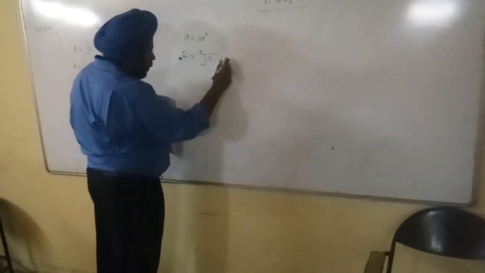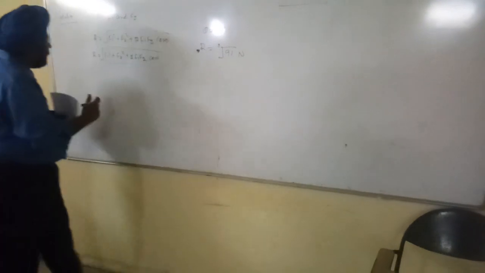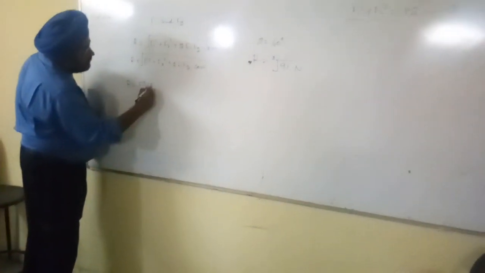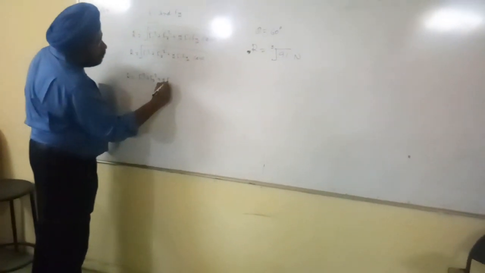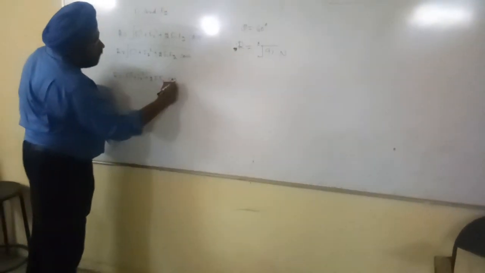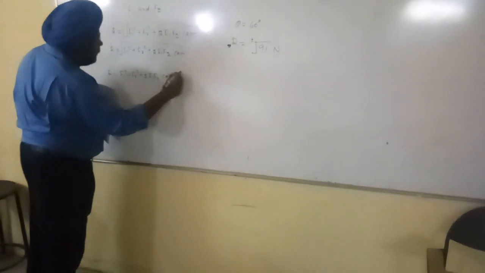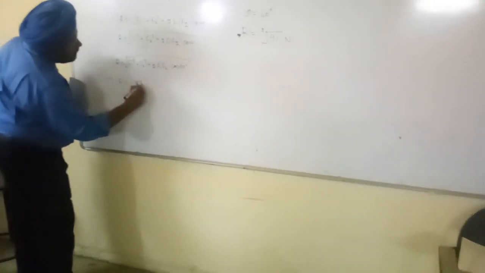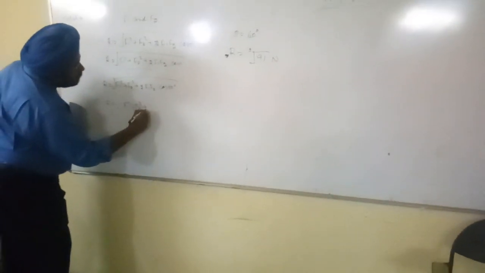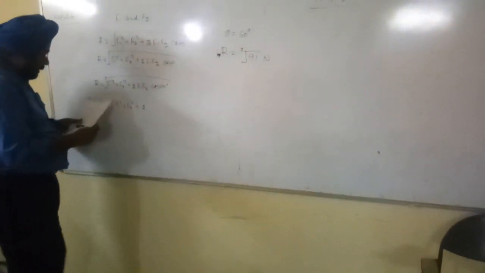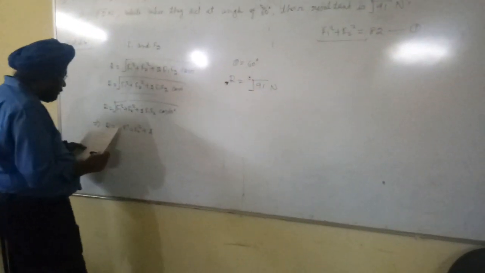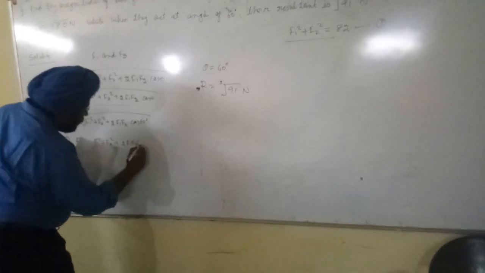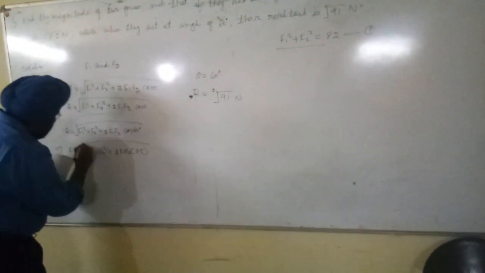Putting all these values in the formula, we get R equal to √(F1² + F2² + 2F1F2 cos 60°), and cos 60 degrees is equal to 0.5.